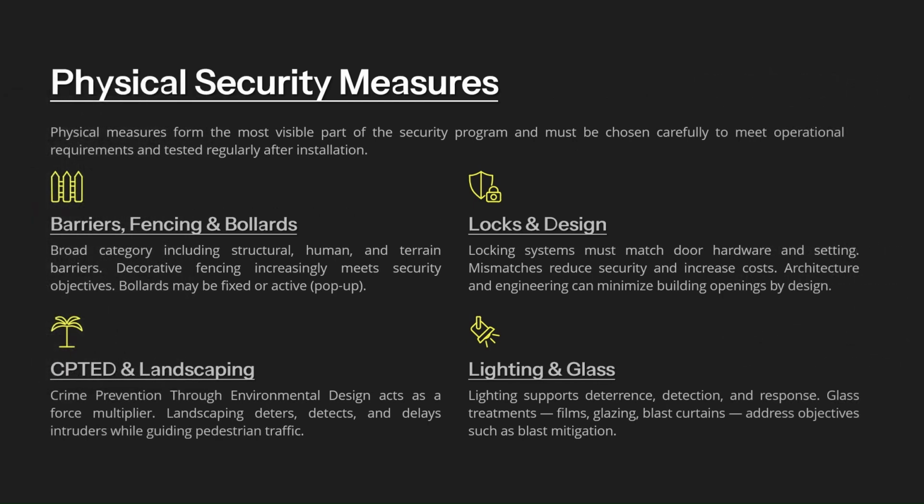Let's now look at key physical security measures, which form the visible and structural layer of security. Barriers and fencing define boundaries and restrict unauthorized access. Their design must align with the threat level and operational needs. Locks and keys provide controlled access, but their effectiveness depends on proper management and accountability.